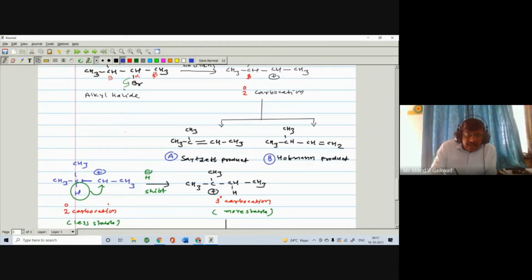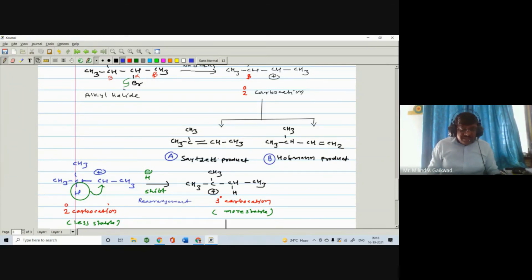So the second step is a rearrangement. Okay, so this is the reaction, and this is one of the evidences for this mechanism.